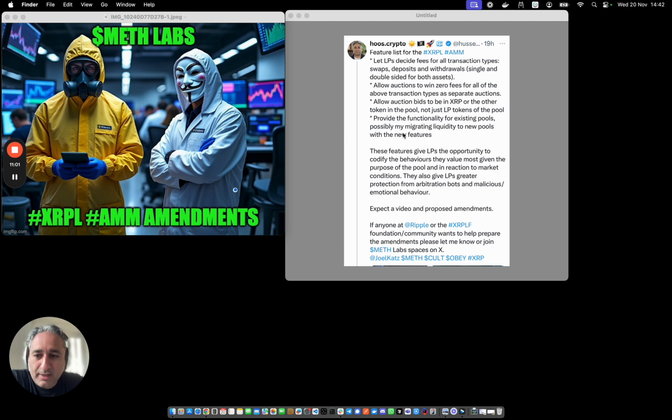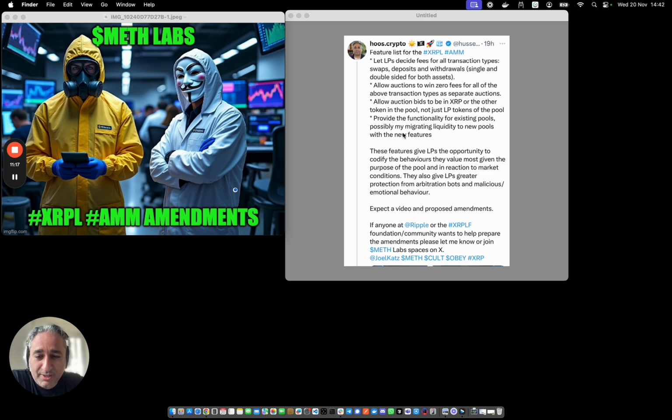By burning liquidity pool tokens, one participant can win the auction to have zero fees for those transactions, and then they can share that benefit with 4 or 5 other addresses.